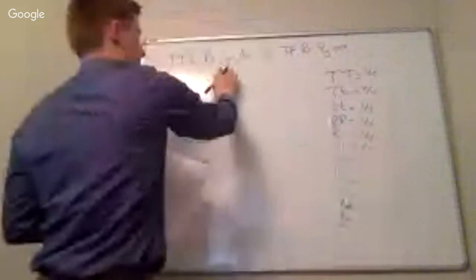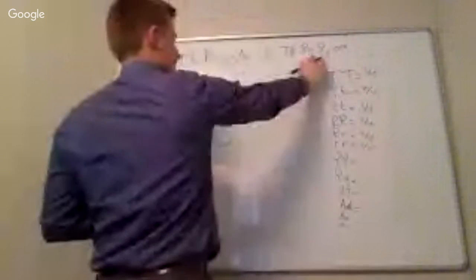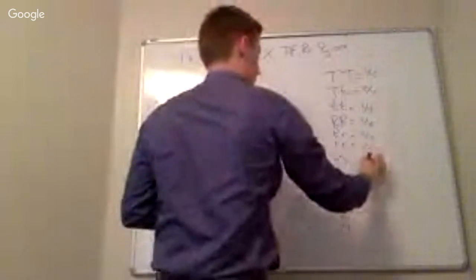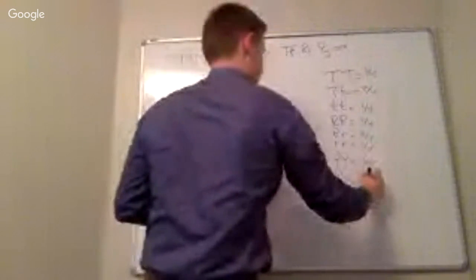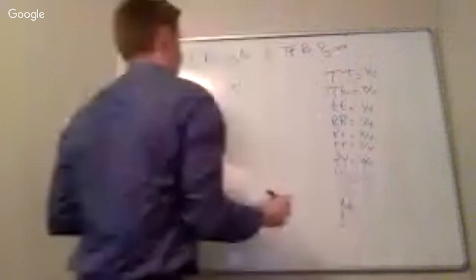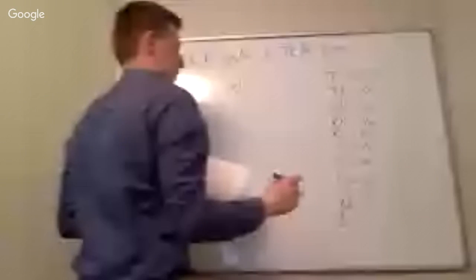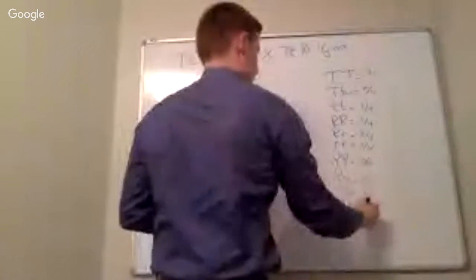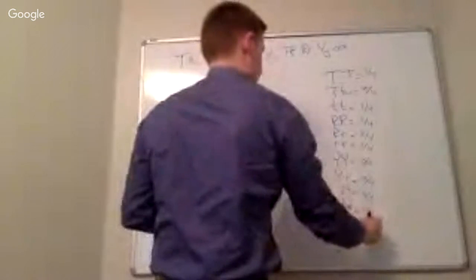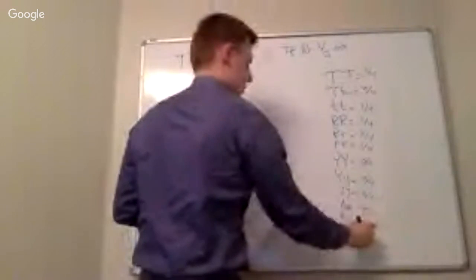Here we have a homozygous by a heterozygous, and so there's not going to be any right here. However, we're going to have 2/4 and 2/4. And with the last one, we have heterozygous by a homozygous recessive. So there's not going to be any homozygous dominant. However, there's going to be 2/4 for heterozygous and 2/4 for homozygous recessive.